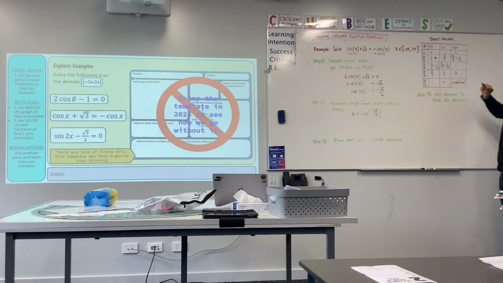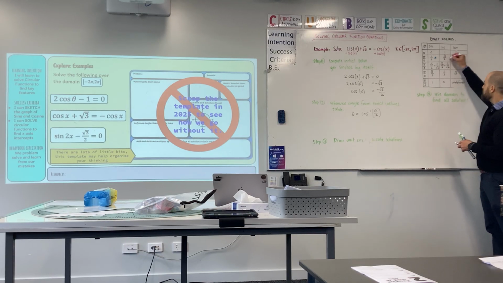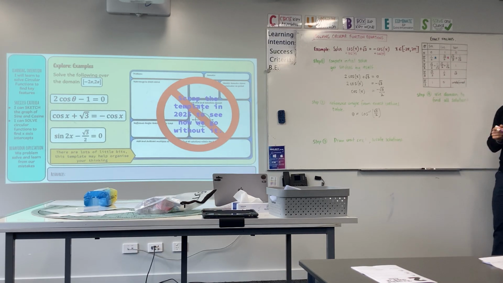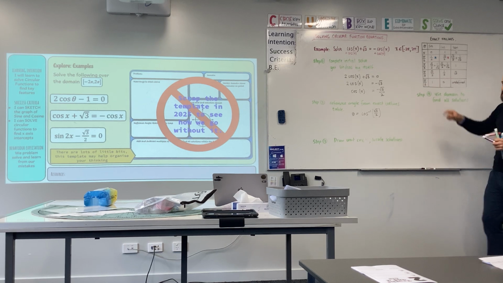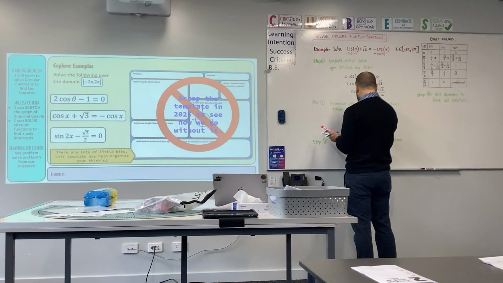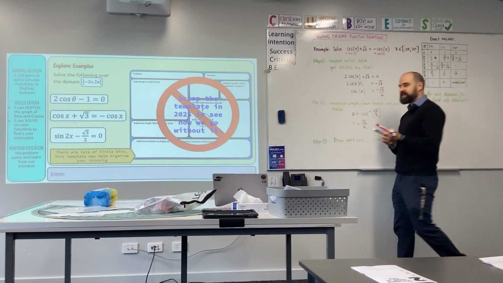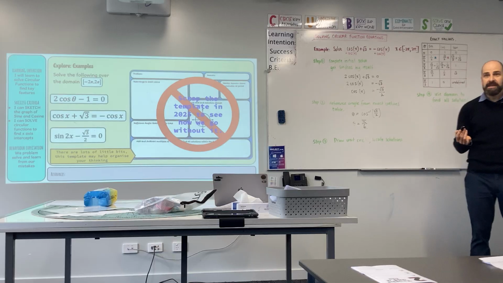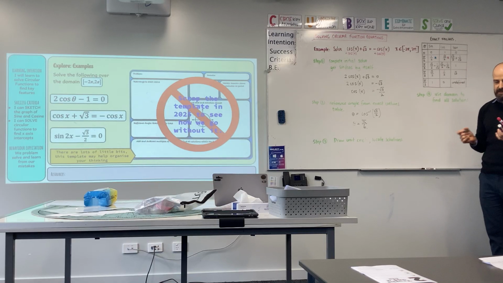Where does cos equal root 3 on 2? Here. What angle gives cos to root 3 on 2? In radians? Pi on 6. So my reference angle is pi on 6. My answers will have something to do with pi on 6.